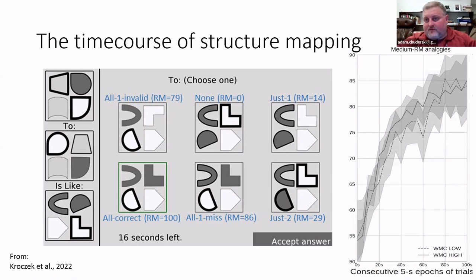There is no difference. Perhaps the dashed line is a little bit below the solid line. So perhaps people with low working memory were slightly slower than those with high working memory, but eventually they reach the same level.